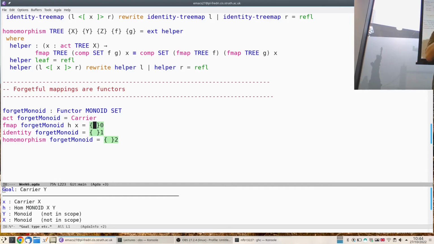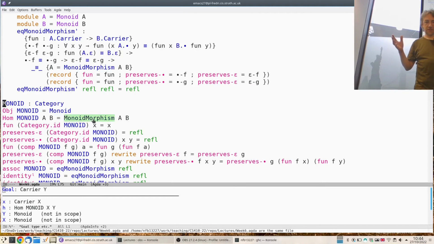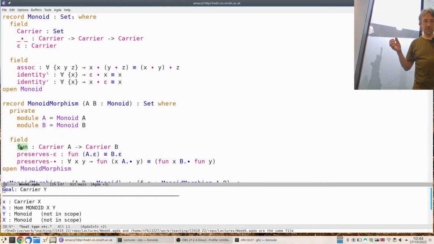So scrub everything after the moreover, we're winning. If you don't remember that, we can click here and see what the homomorphisms were. We see it's a function that preserves some stuff. So I can at least get an excellent candidate for my carrier of Y. Functorial action.